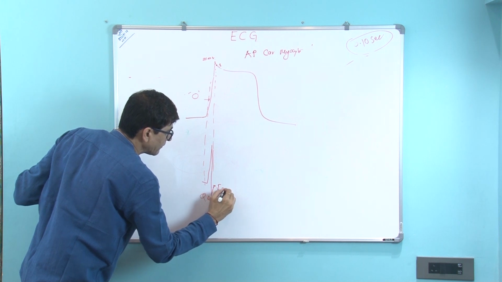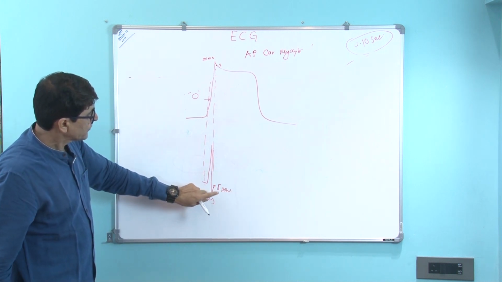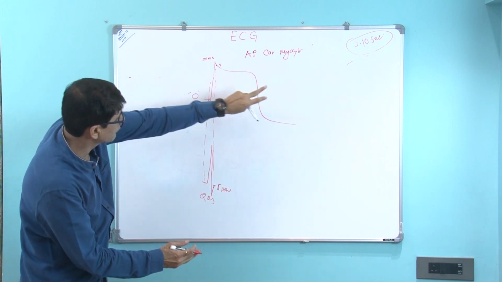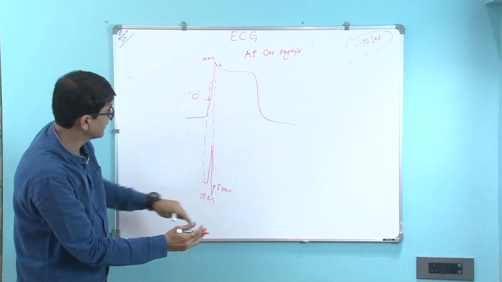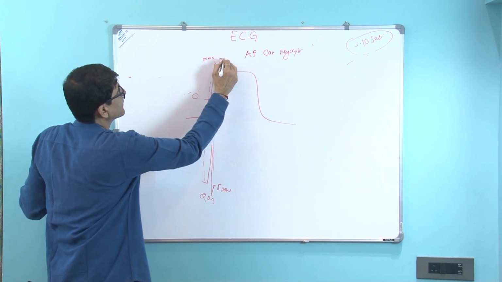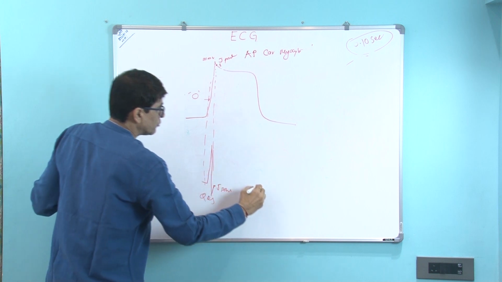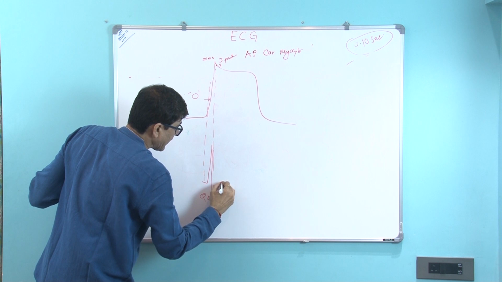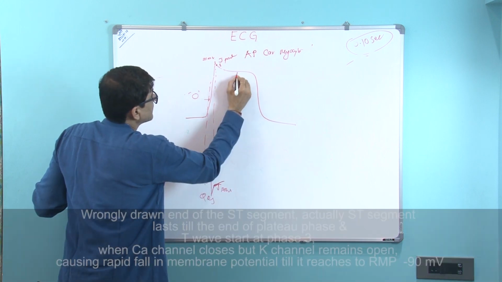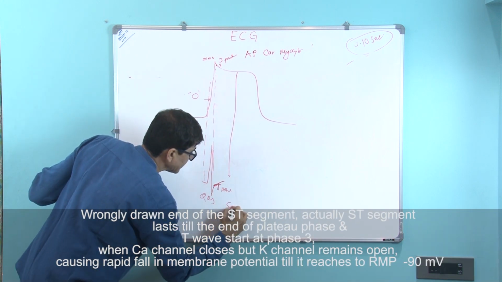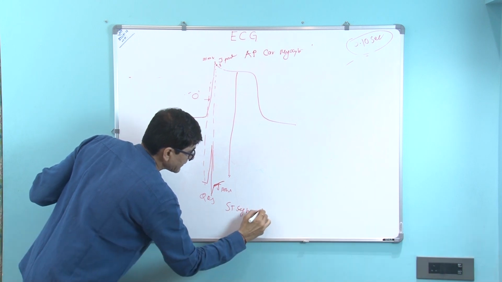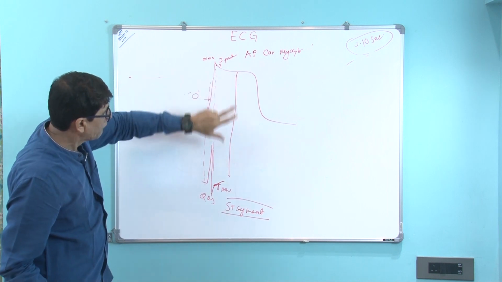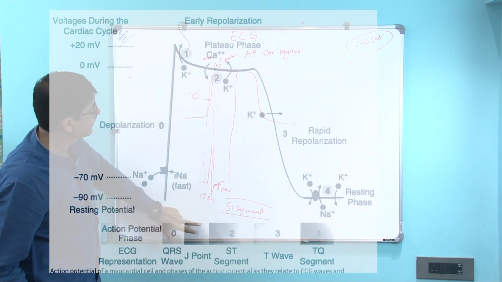It comes with the J point. J means junction. It is the end of depolarization and the start of repolarization. So this is the J point, and this is the ST segment on ECG. What the ST segment is, I will tell you. But why is the action potential important at every part?